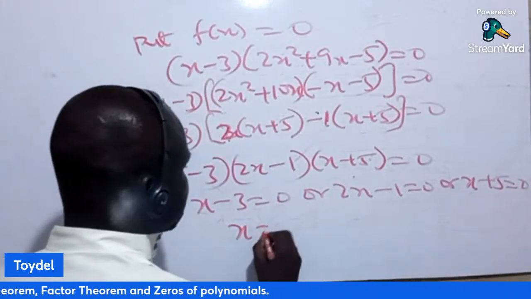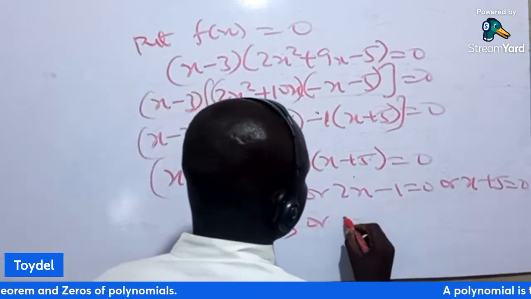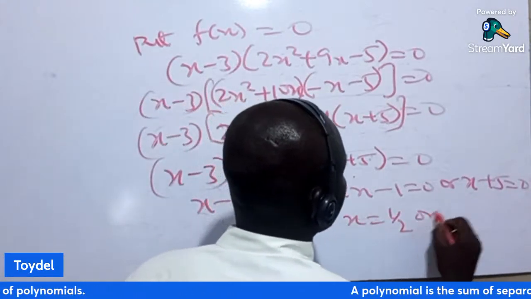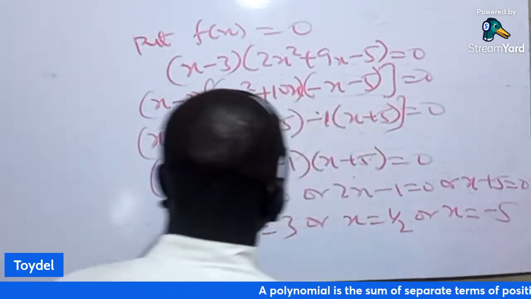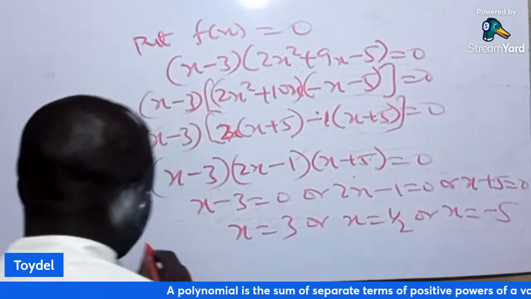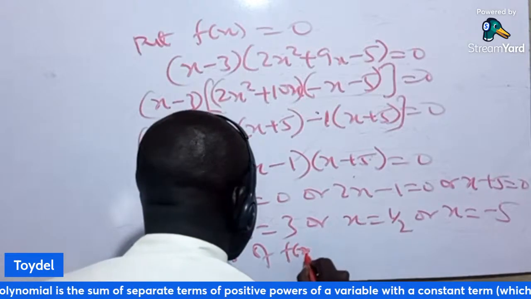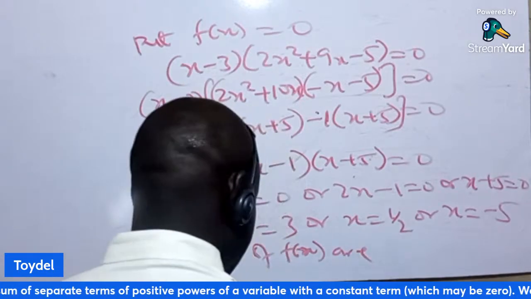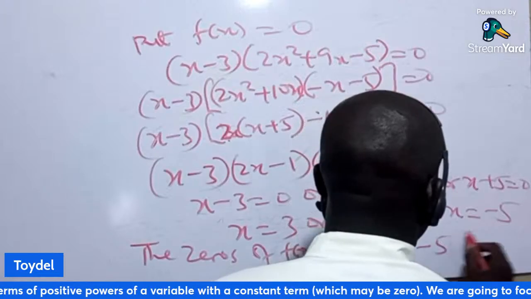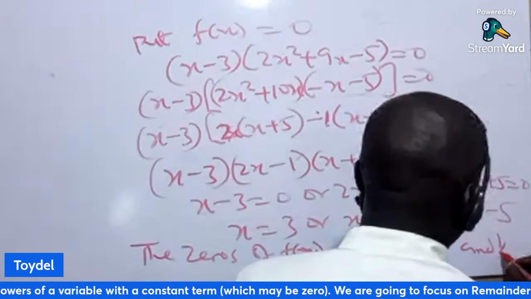So that x is equal to 3, or x is equal to half, or x is equal to minus 5. So the zeros of f of x are 3, minus 5, and half.